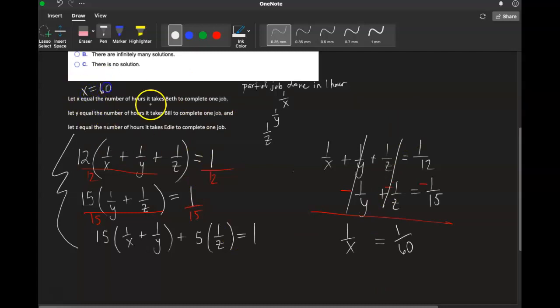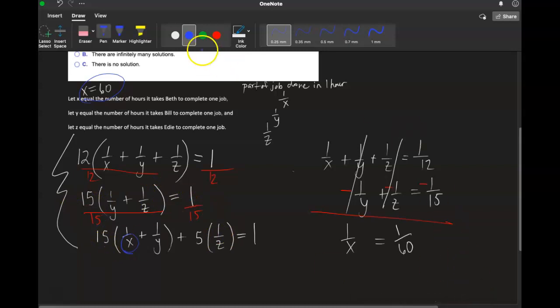I'm just going to place that over here to remember that one. Now, from here, I would need to select another pair of equations to combine and use either elimination or substitution. So looking through my equations, I could now substitute that x is 60 here. Let me circle this in a different color. And then I could try to combine the second and the third equation.